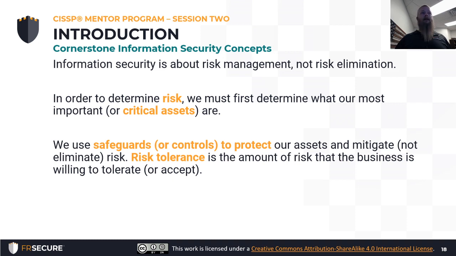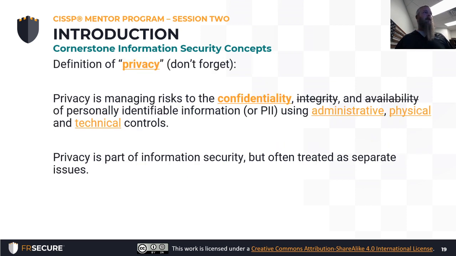Risk ignorance is not a valid choice. But when you go through that decision-making process, that's what determines your risk tolerance. The business does that. So doing the risk assessment is one thing. Now we have to make decisions on what we're going to do with it. That determines our risk tolerance. It's what you're going to accept.